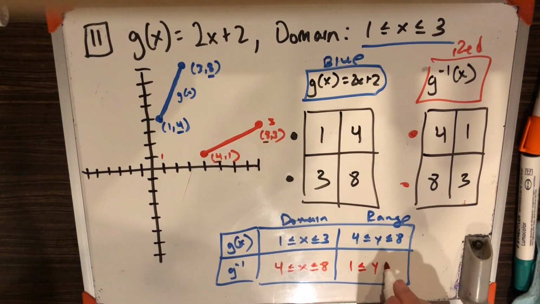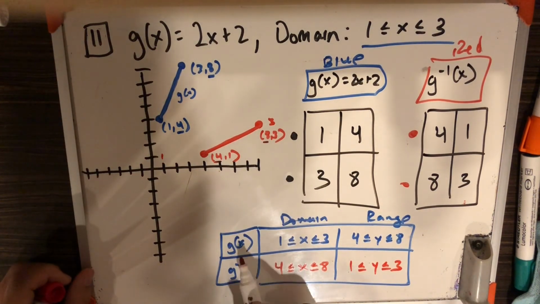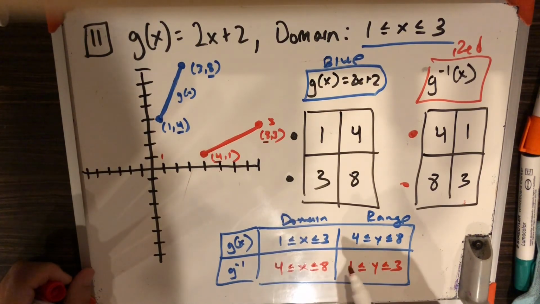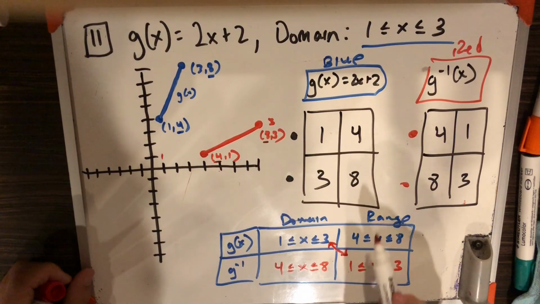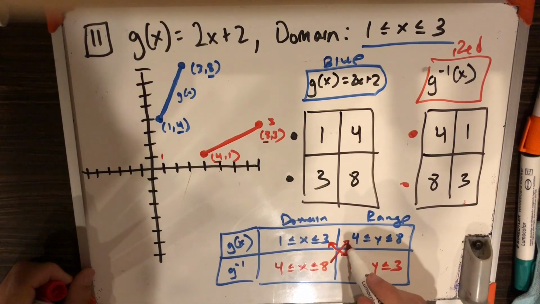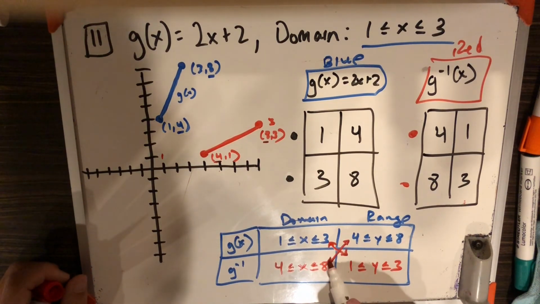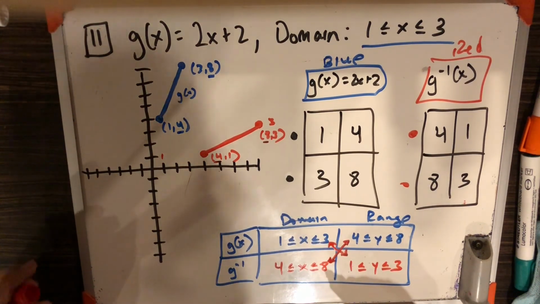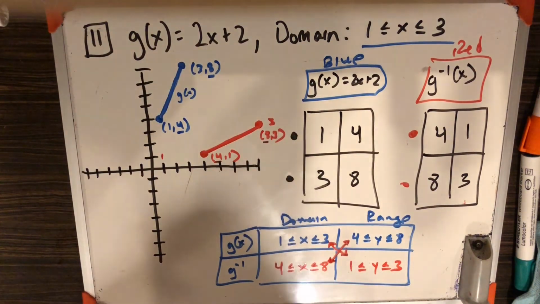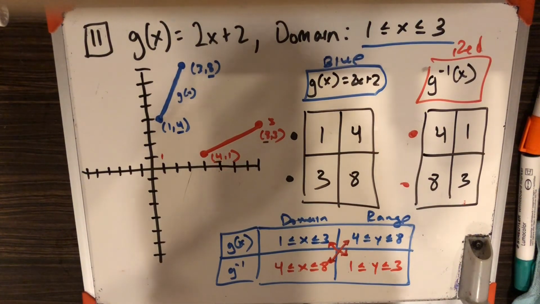Again, that's range, so use y. Okay. I have g of -1, my inverse, and I have my original function of g. Okay, notice what happened here. Your domain and range switched, right? And your range and domain switch just like how this and this switched as well previously, right? So I have my domain and range for g of x and inverse of g presented here.